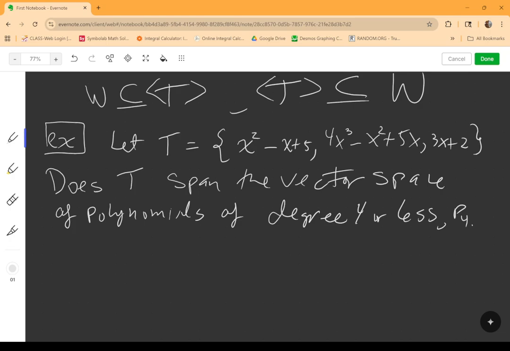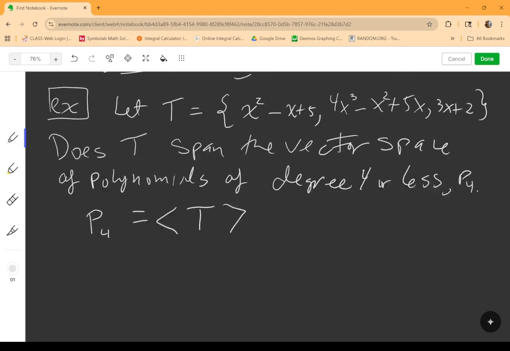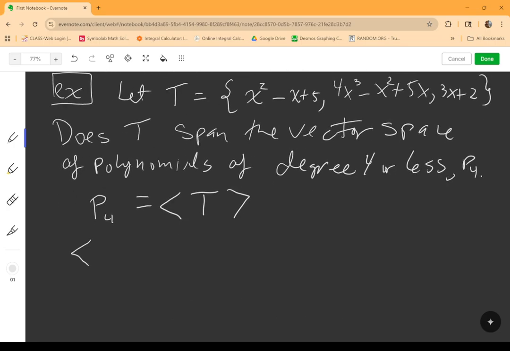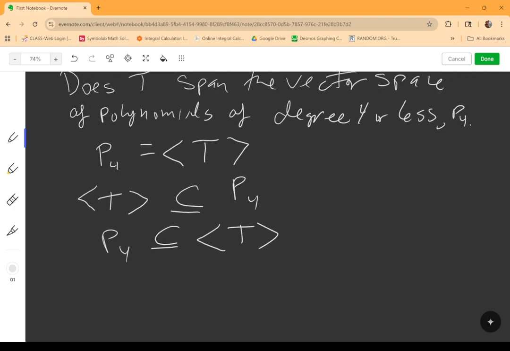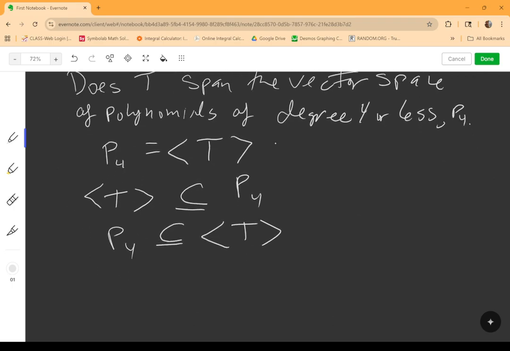This is what I'm trying to show: is the span of T a subset of P4, and is P4 a subset of the span of T.